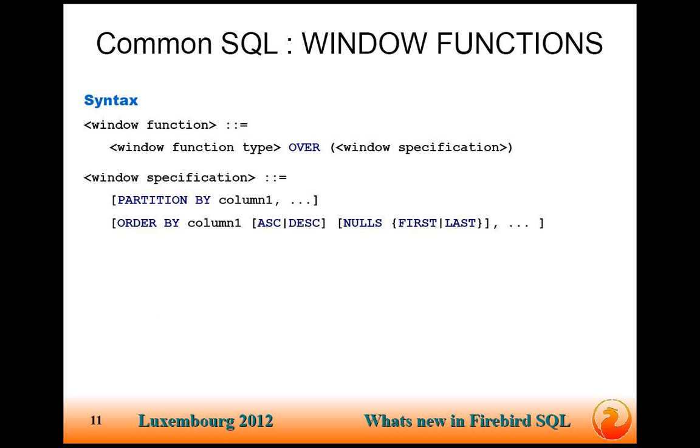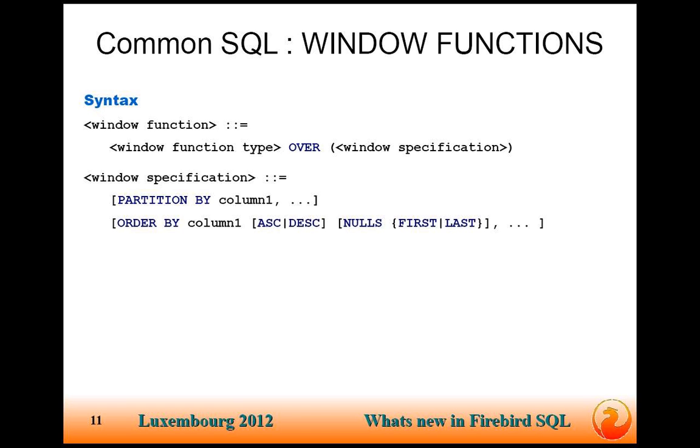The second part of the window function specification is the window specification. A window specification could be empty. In this case, the window function will work with the whole result set returned by the query where the function is used. Or the window specification could partition the result set by some columns, and in this case the window function will be applied to every partition of the result set, specified by the values in the list of columns.